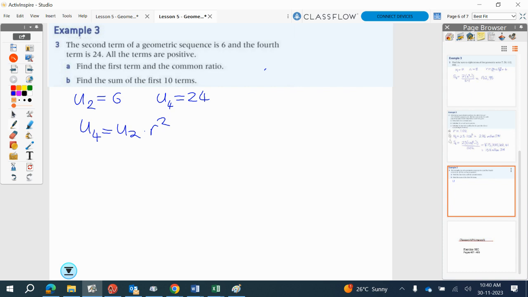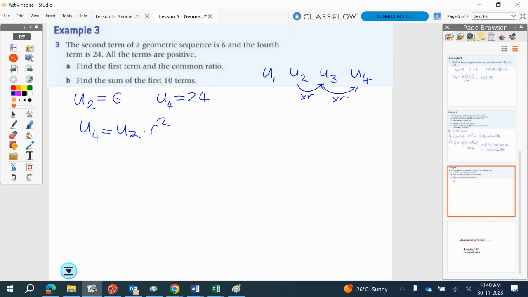So look, U1, U2, U3, U4. To go from here to here, we times by R, we times by R. So count how many places along your sequence you have to move, and that is how many lots of R will get you from one to the other.